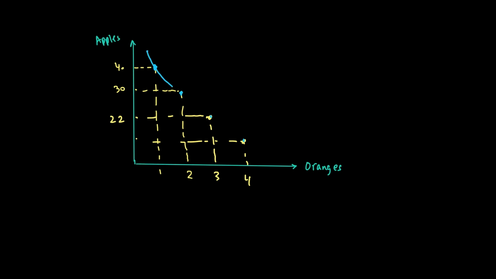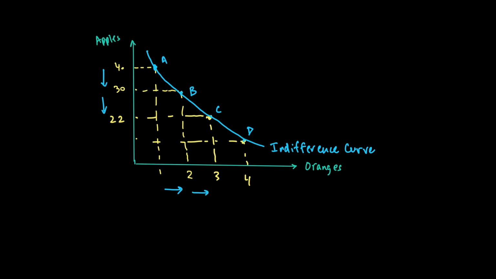As you get more and more of oranges, you will get less and less of apples. In other words, if the consumer is moving from, let's say, A to B to C, he is choosing less and less of apples. And in order to compensate him, in order to make sure that his satisfaction is the same for combination A and B, he needs to be compensated by giving more and more of oranges.